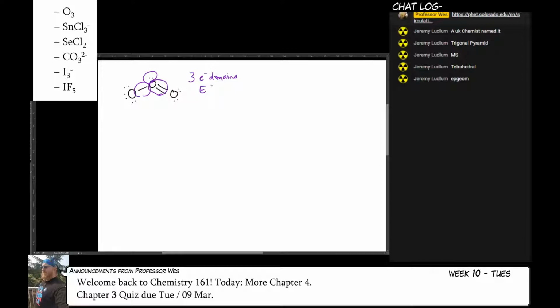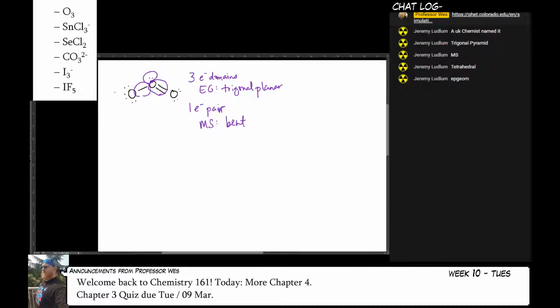So the electron geometry will be trigonal planar. And of those 3 electron domains, 1 is an electron pair. So the molecular shape will be bent.